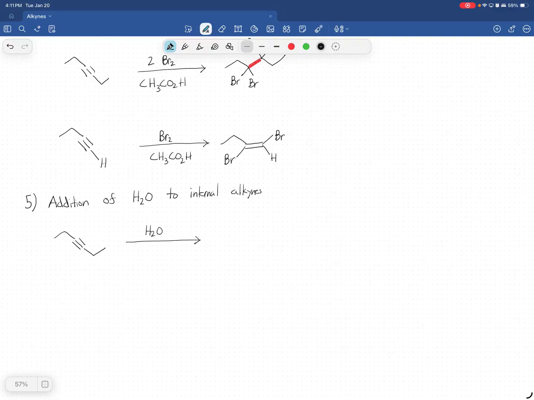So to help sulfuric acid out, it's catalyzed, especially when you need to add water, a weaker nucleophile than, say, X minus. You have to use mercury salts, so Hg sulfate salts. This here is our catalyst.